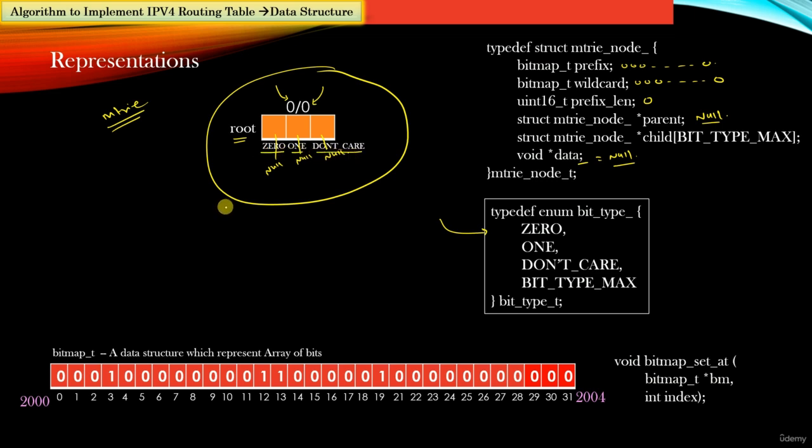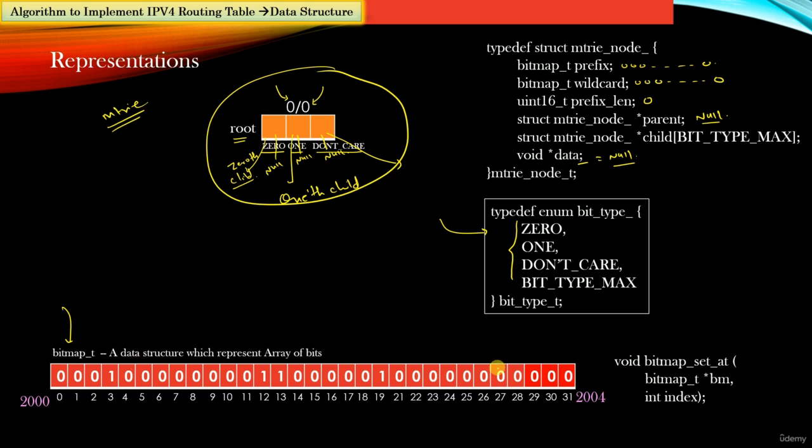We will discuss in detail when we discuss the algorithm what it means to say that this is the 0th child, this is the 1st child, and this is the don't care child. Each node in the mtry can have a maximum of 3 children and we index these children as 0, 1 or don't care.